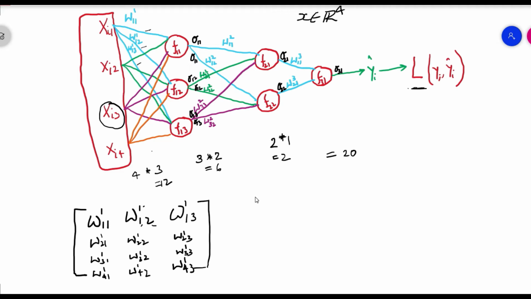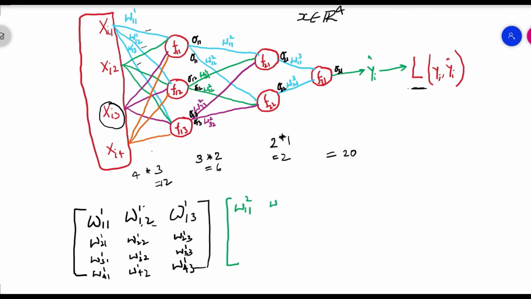For the weights connecting the edges to the next hidden layer, we have a weight matrix W2. This means the weight of the edge going as input to the second hidden layer from the first activation function of hidden layer 1 to the first activation function of hidden layer 2.